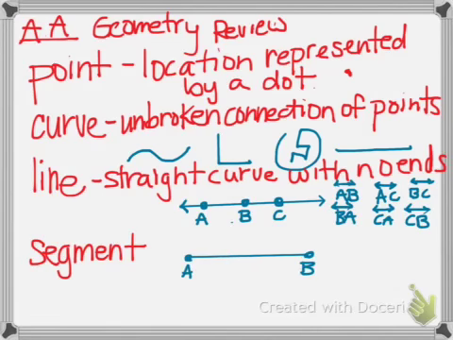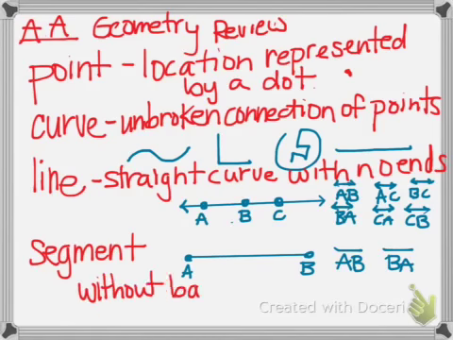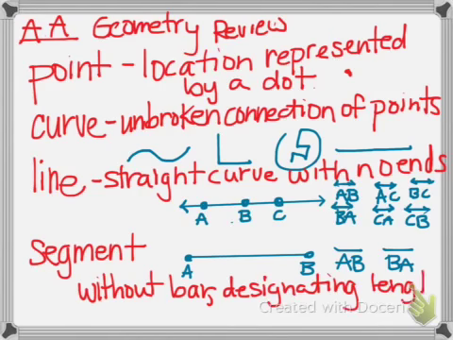Okay, a line segment is a portion of a line. We name it AB or BA, and it has two endpoints on it. That's what designates it to be a segment. And if it is named without a bar, just AB, then it is designating length.